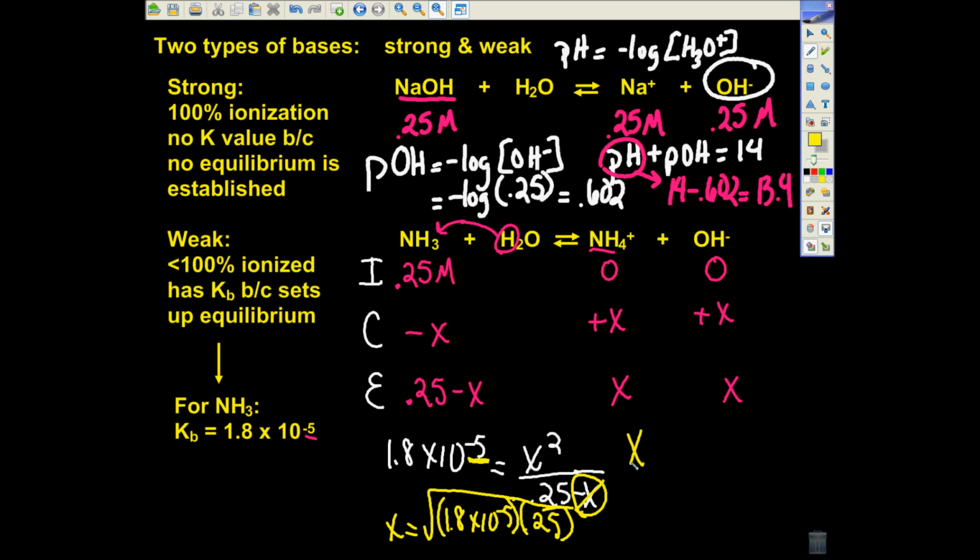And I'm going to put that in my calculator and solve for X. I get an X value of 0.0021. So like I said, X is very, very small. And of course this is an approximation, but it's just not going to affect that initial concentration that much. So if my X value is that, that's how much hydroxide ion is actually in the solution. That is your concentration of hydroxide.